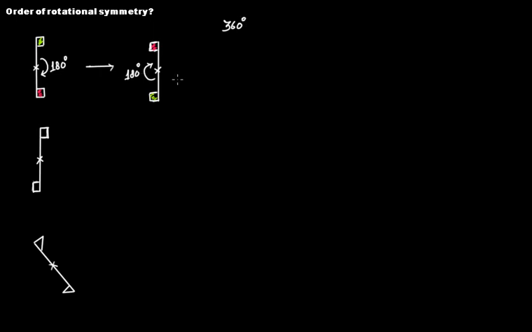So now the position is like this, where again this one is the green color and this is the red color. Now tell me, when you have rotated by an angle of rotation of 360 degrees, is this one exactly the same as this one?